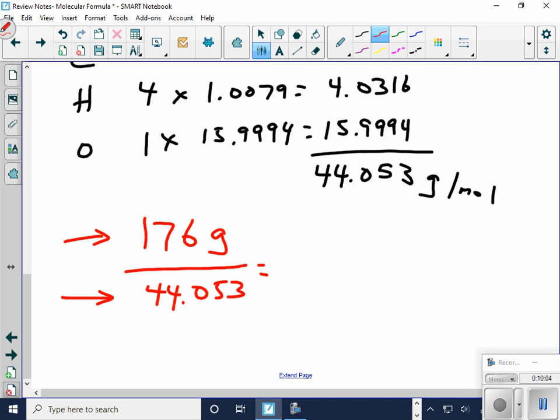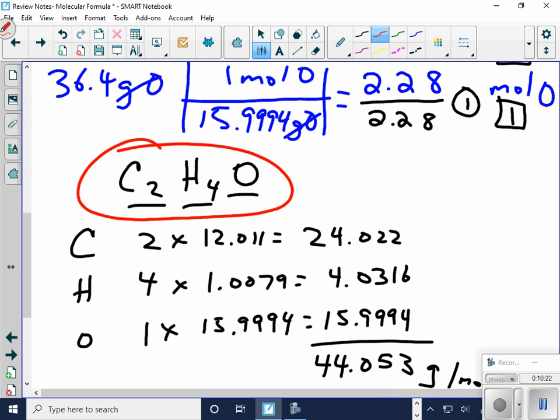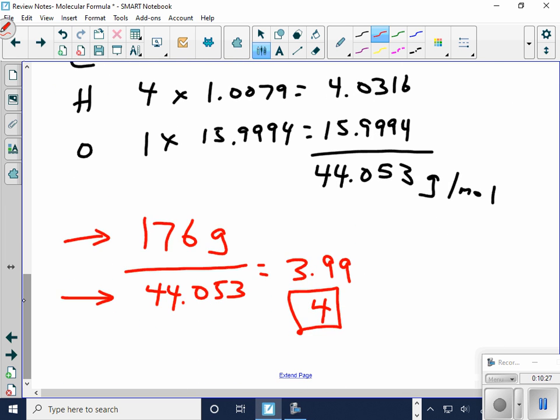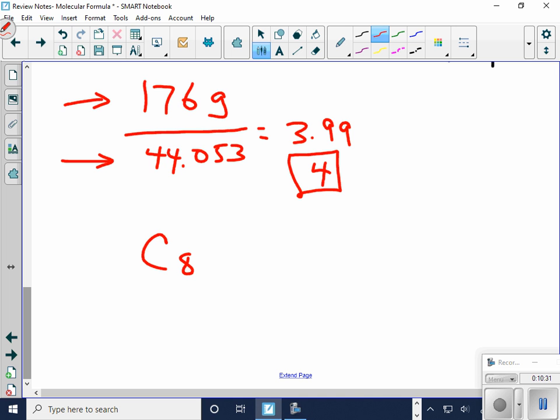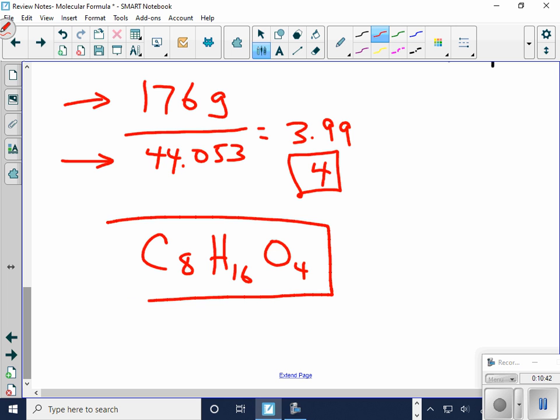When I did that, I get 3.99. So this is telling me that my molecular formula is 4 times what my empirical formula is. So my empirical formula back here was C2H4O. So I need to multiply that by 4. So C2 is going to give me C8. H4 multiplied by 4 is going to give me 16. O is going to give me 4. So my molecular formula is going to be C8H16O4.